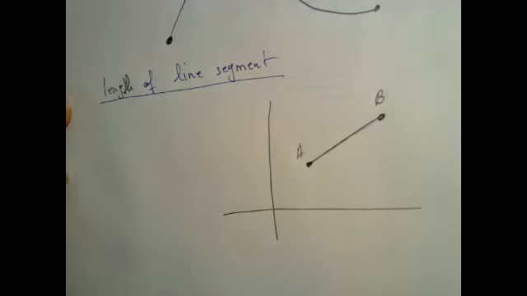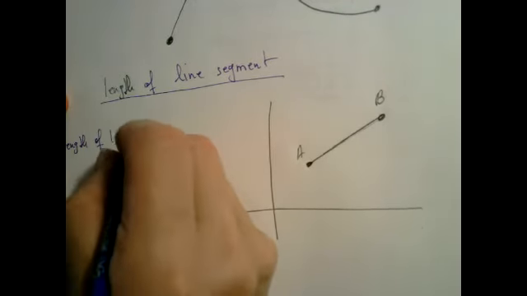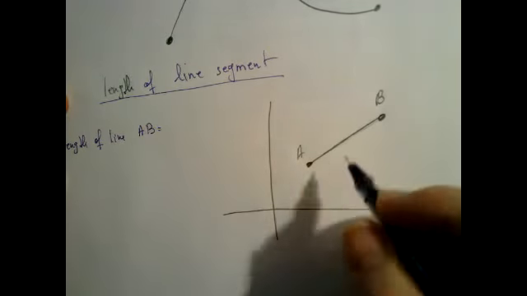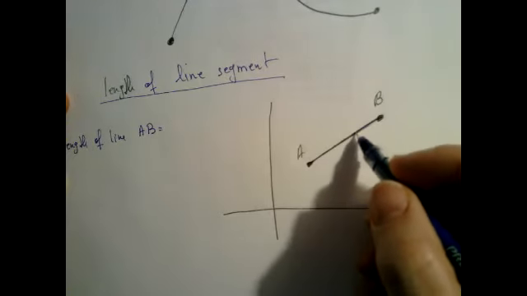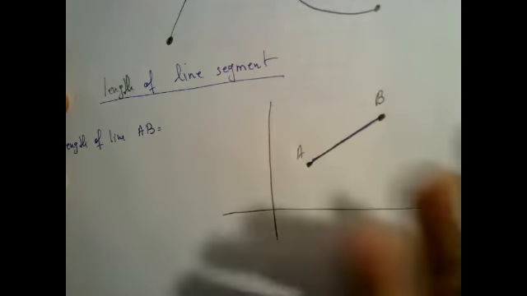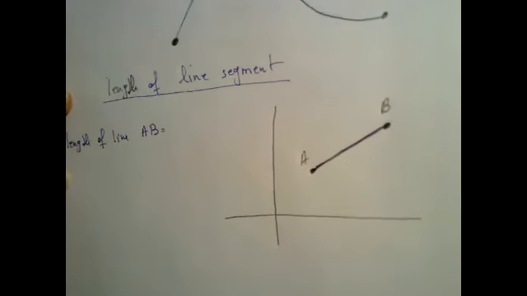So a very simple question. What's the length of the line AB? What's the length of this line? Or if you want, it's nothing more than the distance between those 2 points.